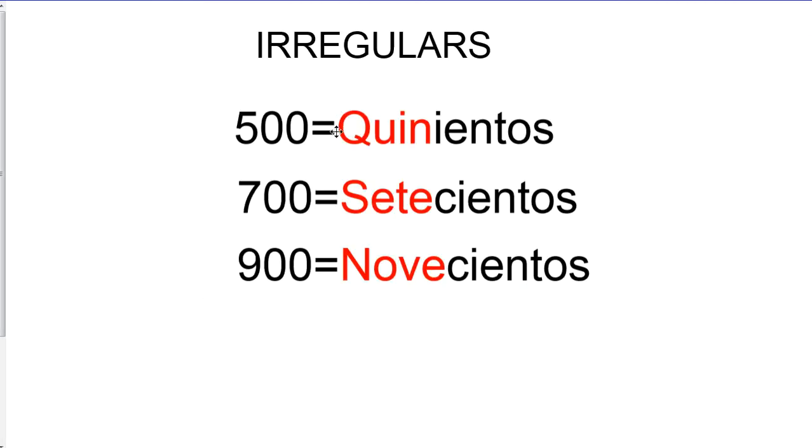You would want to say cincocientos, but you can't. In Spanish, it's actually quinientos. And I'm sure you would love to say sietecientos, but it's not siete, it's sete. It loses the I here. Setecientos. And it'd be great if we could say nuevecientos, but we can't. It's not nueve, it's nove. So 500 is quinientos, 700 is setecientos, 900 is novecientos, and these are all a little bit weird.